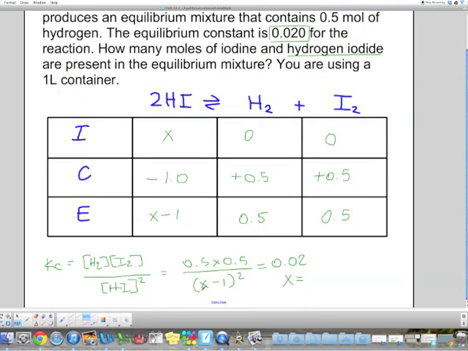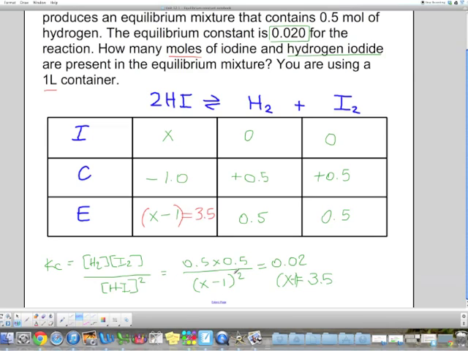So all we'll do is solve for this here, and that gives me 3.5. So here x minus 1 is equal to 3.5. Which means that this over here, if I just replace, is 3.5 mole per liter. If they just want the moles, knowing that it's in a 1 liter container, we can say it's also 3.5 moles. Okay, so that's how you solve the problem.